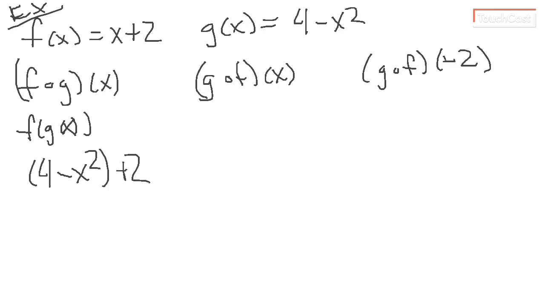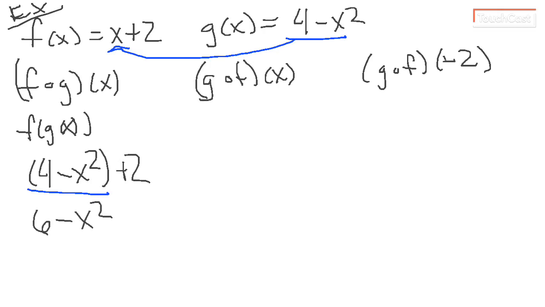All I did is I took g of x and I put it into x. Now we can combine any like terms we have. So we're going to have 4 plus 2, that's 6, minus x squared, which we can also write as negative x squared plus 6. I would accept either 6 minus x squared or negative x squared plus 6 for your answer for f of g of x.